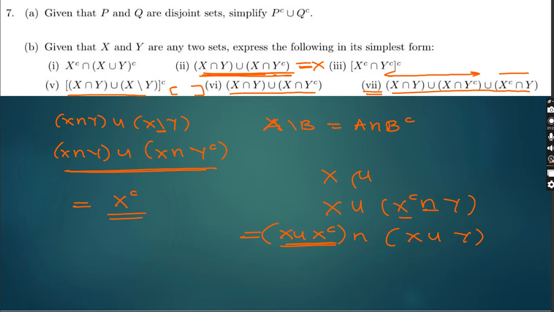Guys, I was saying that when you are uniting a set and its complement, the answer is the universal set. So x union x complement is the universal set, intersection x union y. What else do you need to know? Intersecting a set with the universal set, the answer is the set itself. So the answer is x union y.